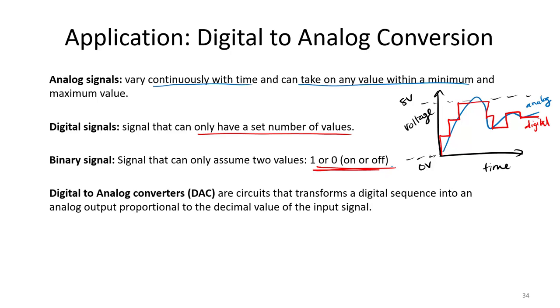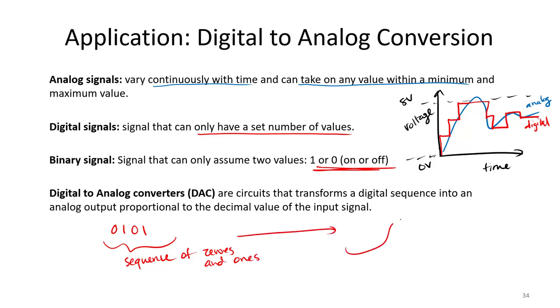So when we talk about circuits that do digital to analog conversion, what we're trying to do is take some sequence of zeros and ones, a digital signal, and convert it to a voltage which is proportional to the digital value.